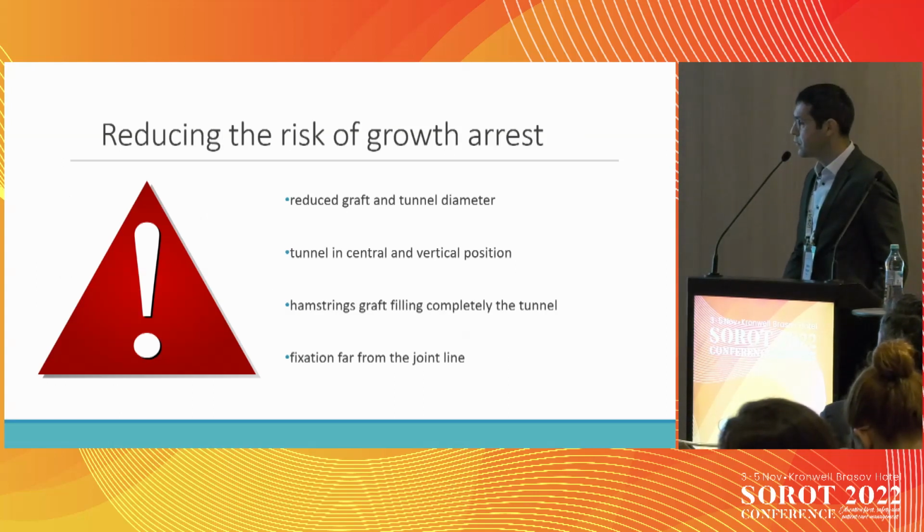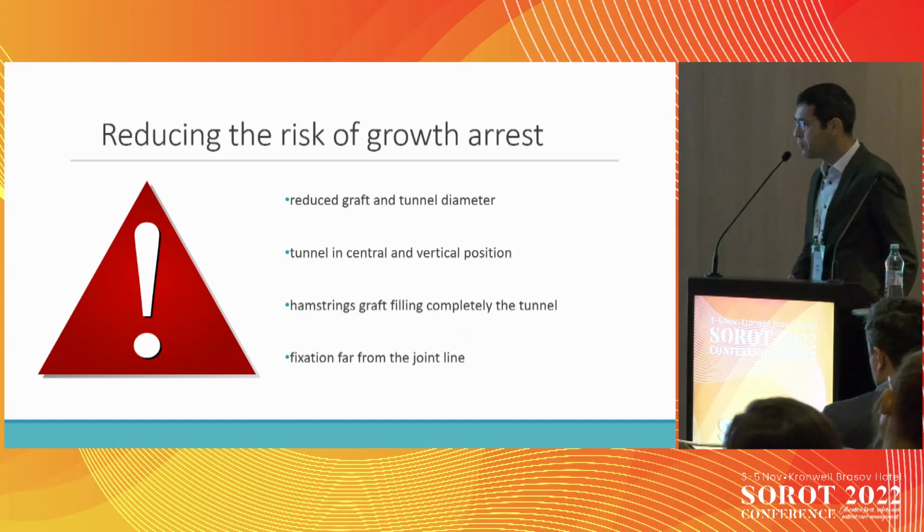How can we reduce the risk of having a growth arrest after reconstructing the ACL in children? It is important to think about reducing the graft diameter and also the tunnel diameter, because studies demonstrated that injuring more than 7% of the growth plate may result in having this growth arrest.